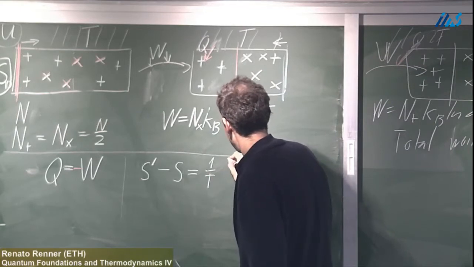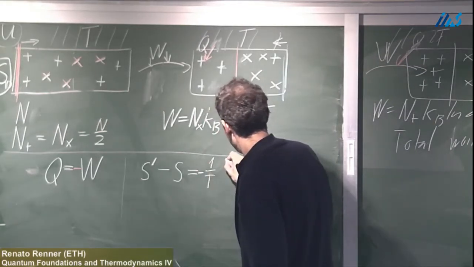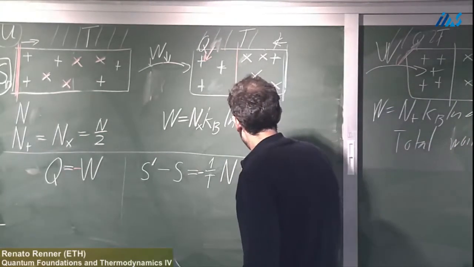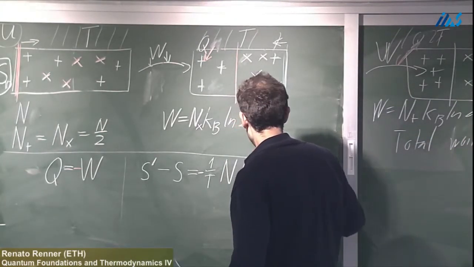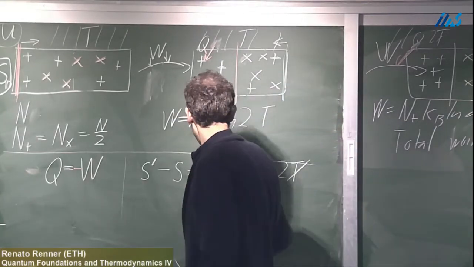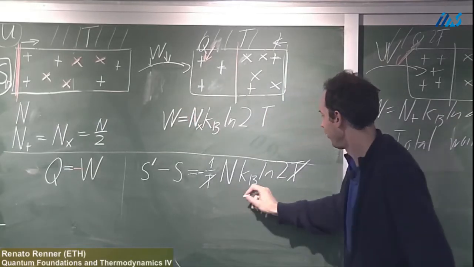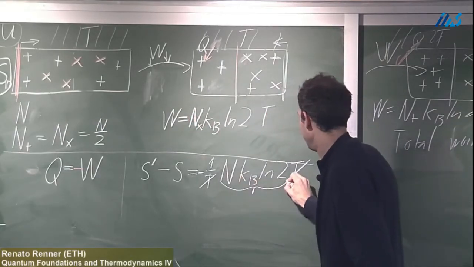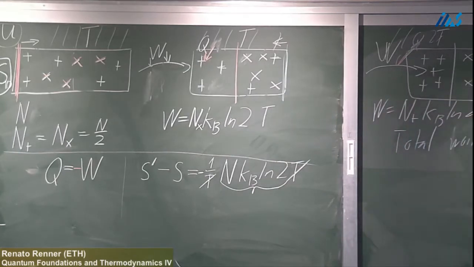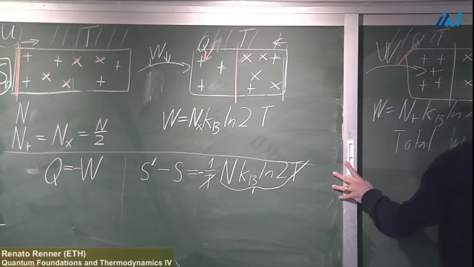So I put the minus here. The total thing was N, KB, ln2 times T. So the T cancels. In other words, the entropy change is exactly this thing: N times KB ln2.